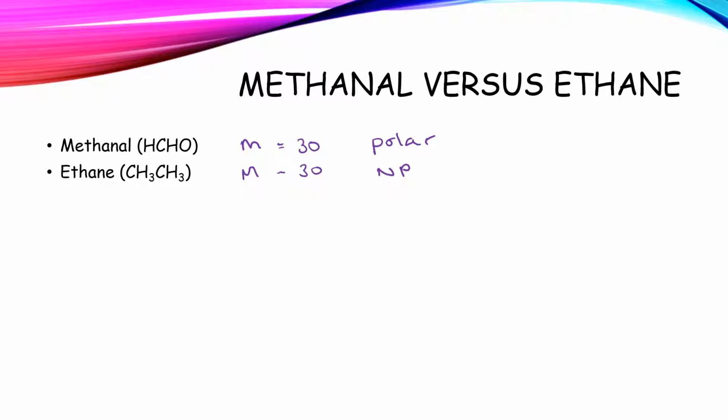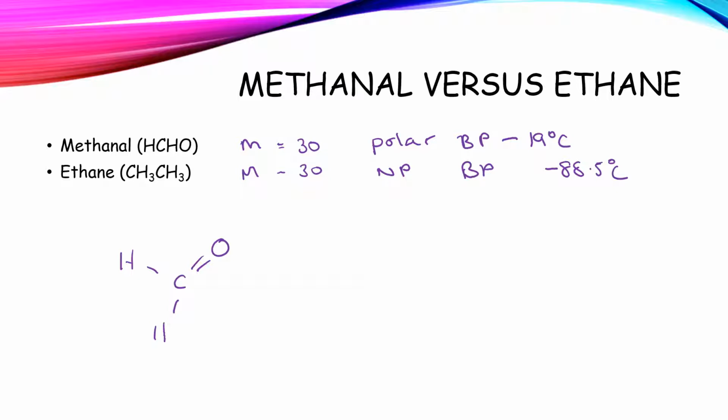Methanol's boiling point is -19 degrees Celsius, whereas ethane's boiling point is -88.5 degrees Celsius.